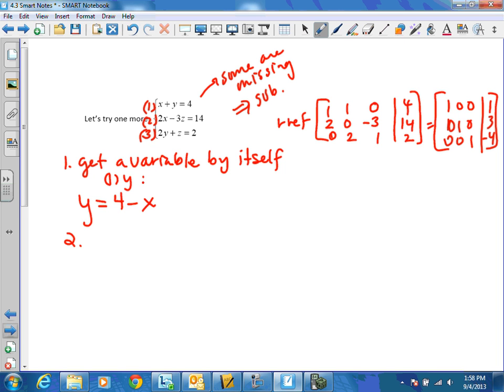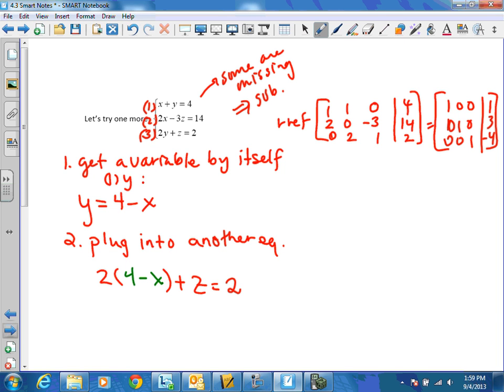Once I solve for a variable, what do I do with that variable? Plug it into another equation. What's the only other equation I can plug it into? 3. So wherever I see a Y, I'm going to plug in what I had for Y. So let's reduce this.